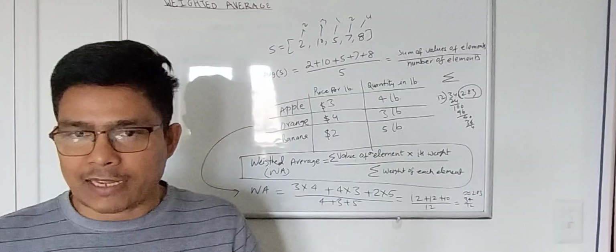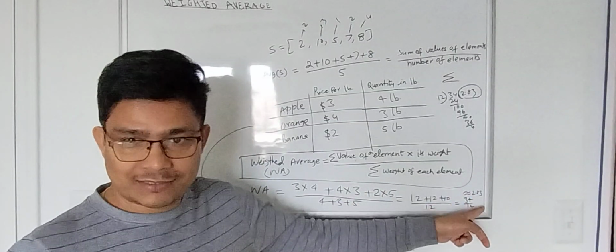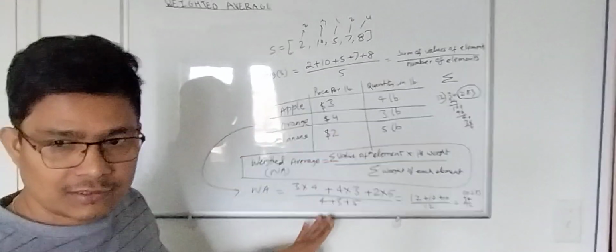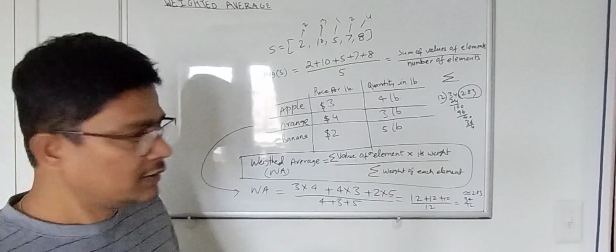So the average price for the fruit you paid is 2.83. You got it? So you understood the concept, what is the weighted average.